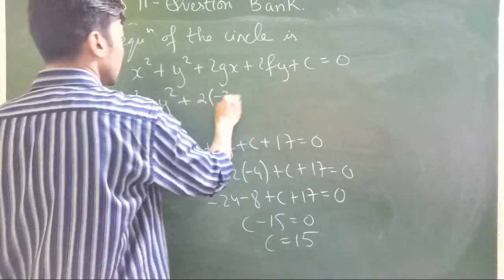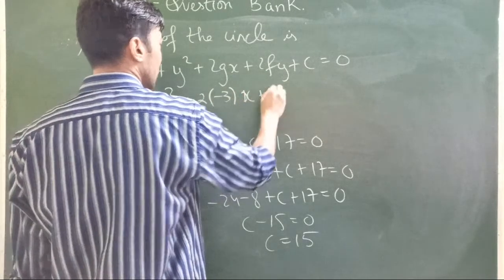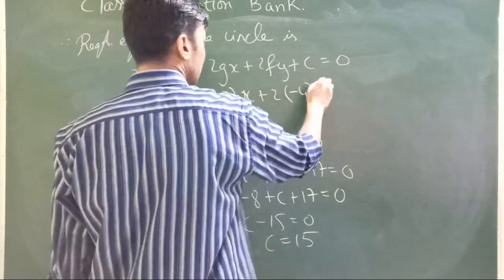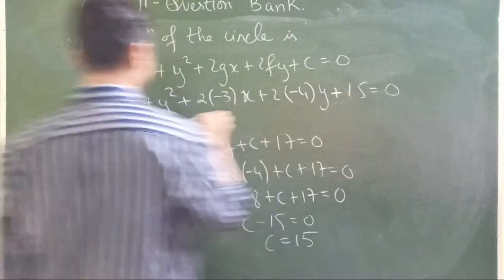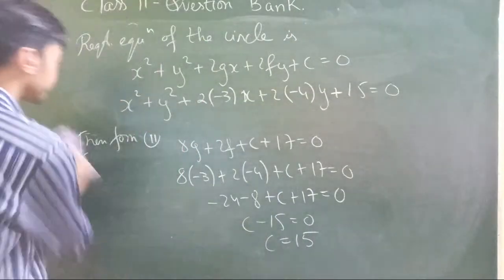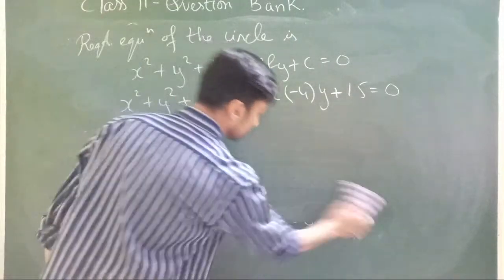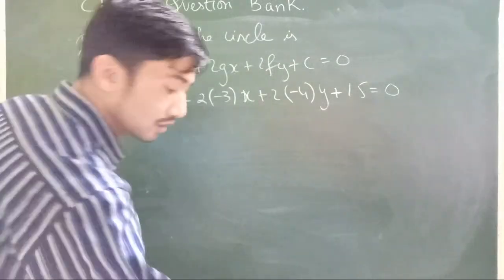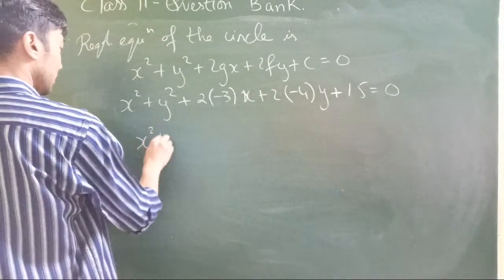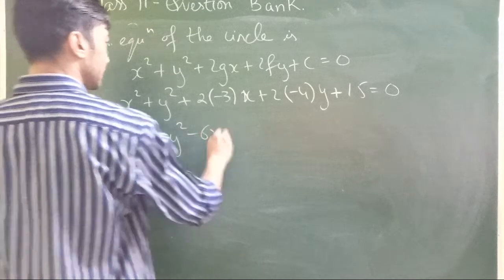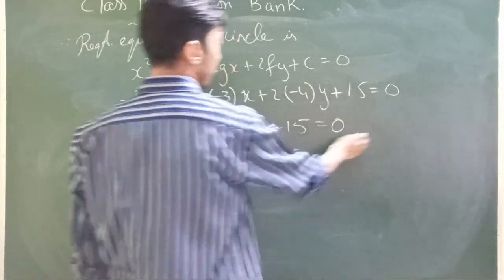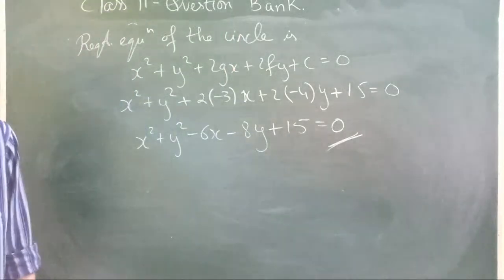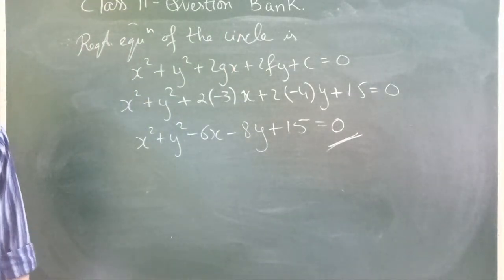Minus 3. x plus 2f y plus c, 15 is equal to 0. So we have our equation, that is x squared plus y squared minus 6x minus 8y plus 15 is equal to 0. So that's the equation of the required circle.